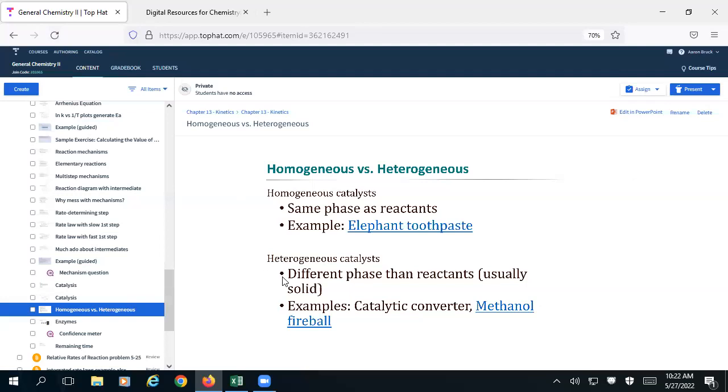And so what that platinum wire is doing is it's basically providing a place where the oxygen and the methanol vapor can commingle to do its reaction.